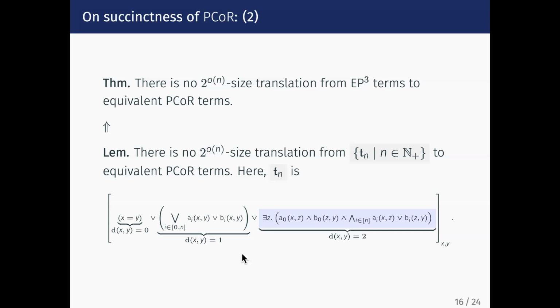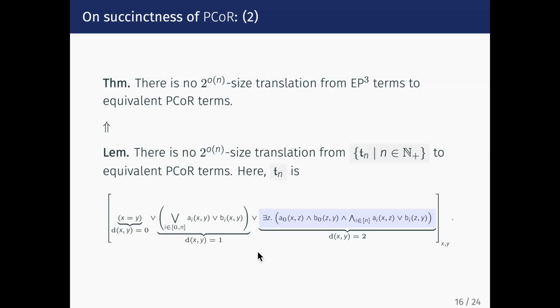This is due to some technical reasons for the proof. To show this theorem, we actually show this lemma. But I apologize that the Tn written in the paper's version has a bit of an error, so I am considering a minor revision version of this paper.